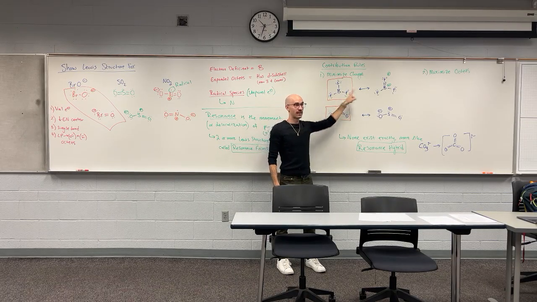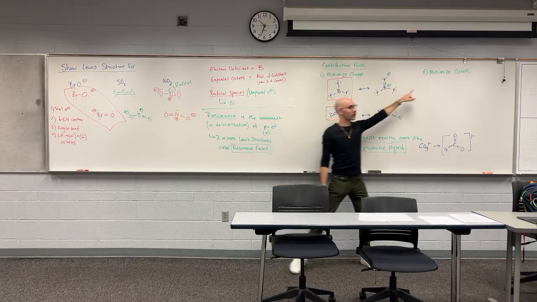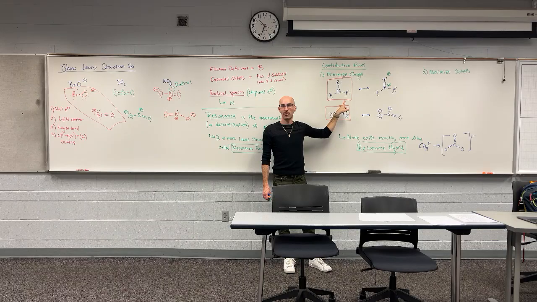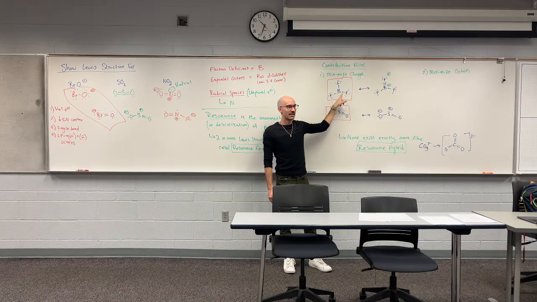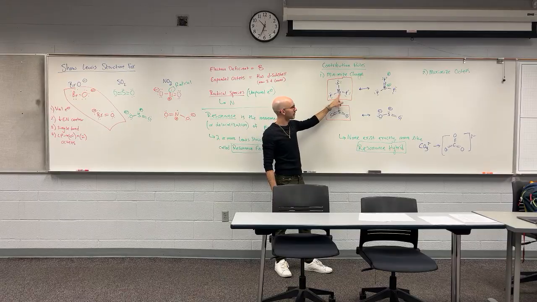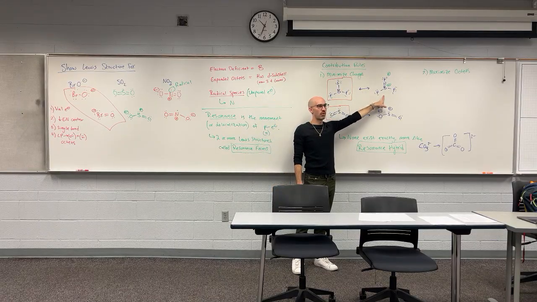That's the priority. We don't try to maximize octets until after charges are minimized. Yeah? That's why formal charge is rule number 1. If formal charge was not rule number 1, if rule number 1 was maximize octets, this would have been a more major form.